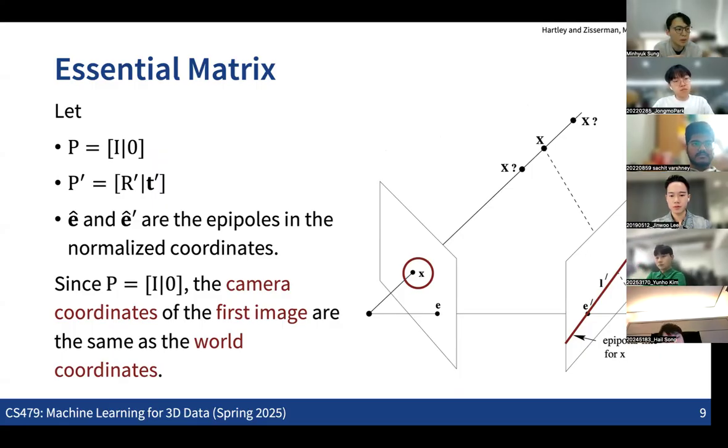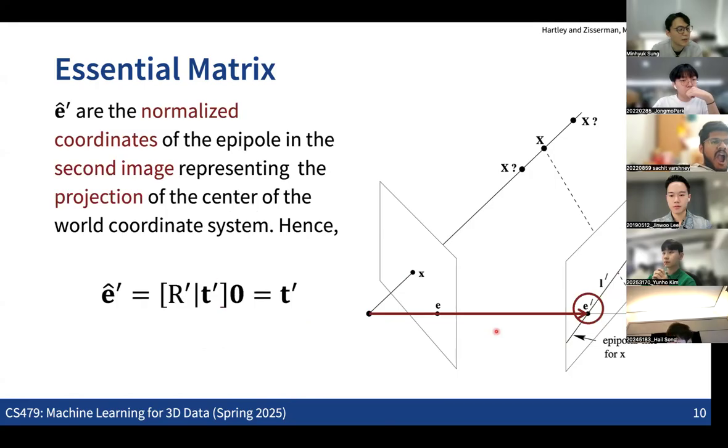And for that, what we are going to do is set the camera coordinates of the first image as the world coordinates. So the rotation and translation for the first camera are identity and 0, because we set the world coordinates in that way, right? In this case, the epipole was the projection of the origin of the other image onto the second image plane, right?